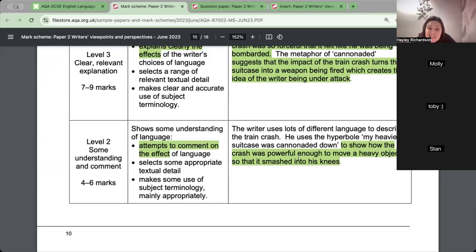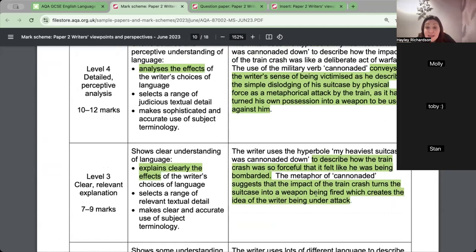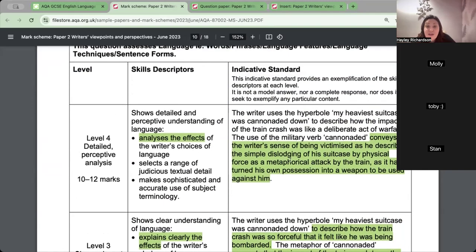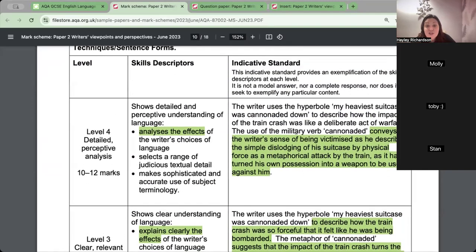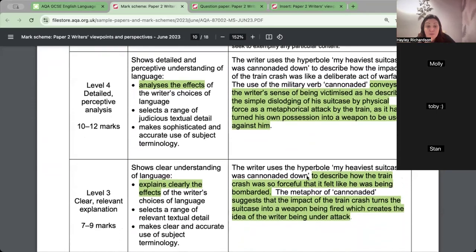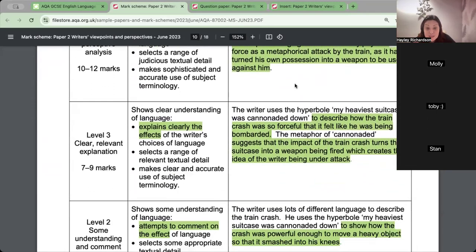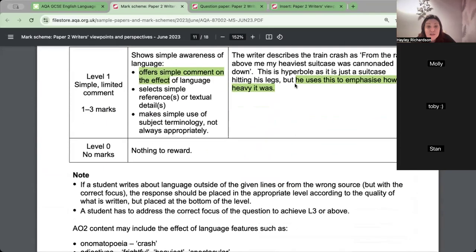Here we've named it but added a little bit of a comment. Here we've looked at the same thing, added the comment and analysed it, and here we've added on everything and the effect and all that kind of stuff. So this is just showing you the progression. It's not showing you the complete thing that you should write, because you can put more things in and you don't have to write those particular things. This is just an example.